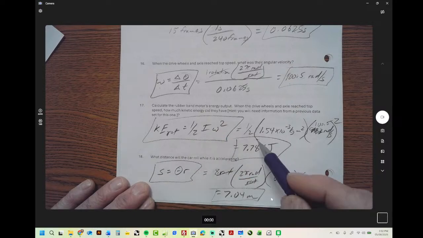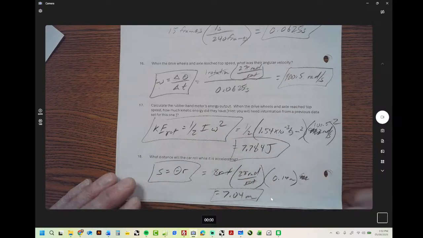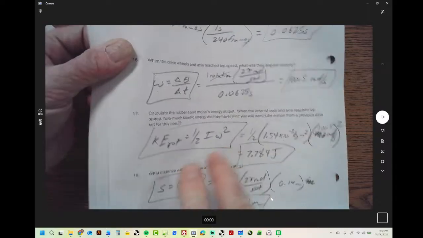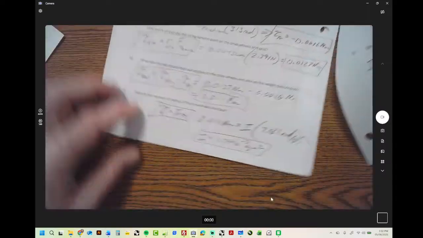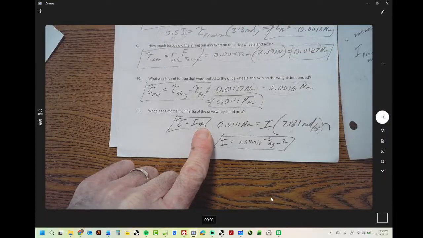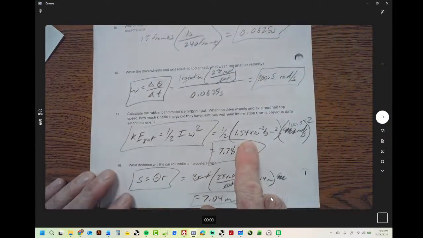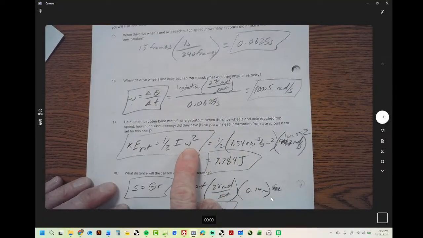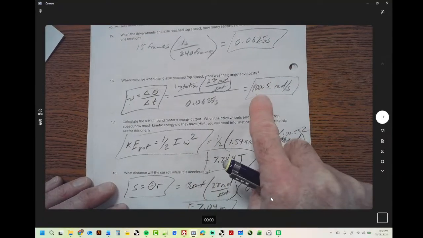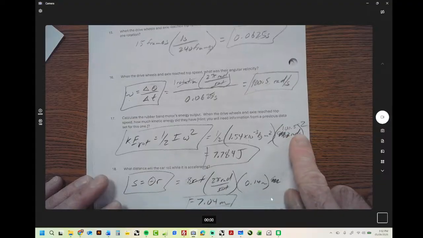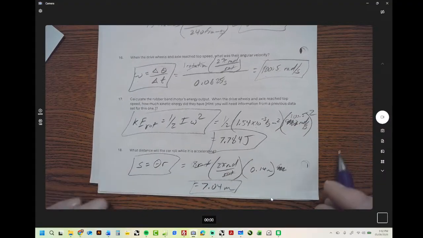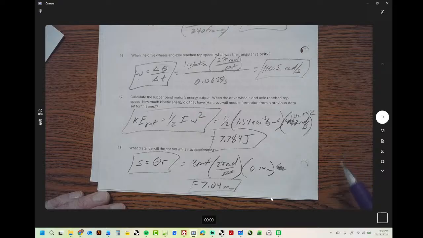So I'm just plugging those things in. 1/2 times this. Where did moment of inertia come from? That comes from number 11, because we're doing the drive wheels and axle. Those are the ones that are spinning. So it's this number. And then the angular speed is the one we just calculated, and that should be squared, so that comes out to 7.784 joules.